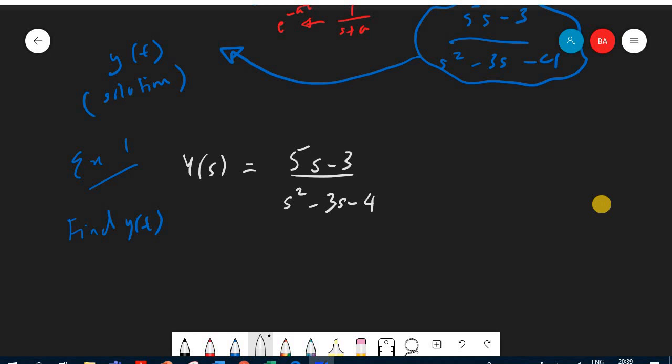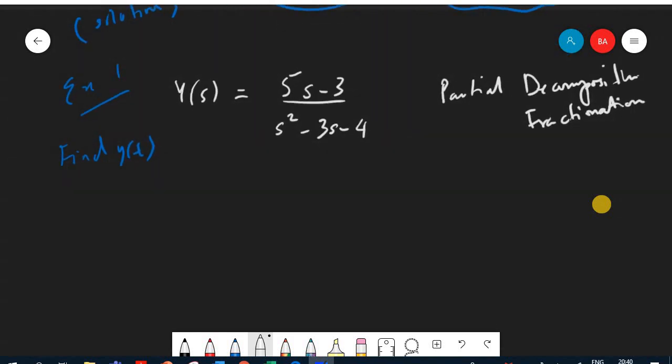So what we need to do is the partial decomposition, okay? They also call this partial fractionation. So this is what we're trying to do here.